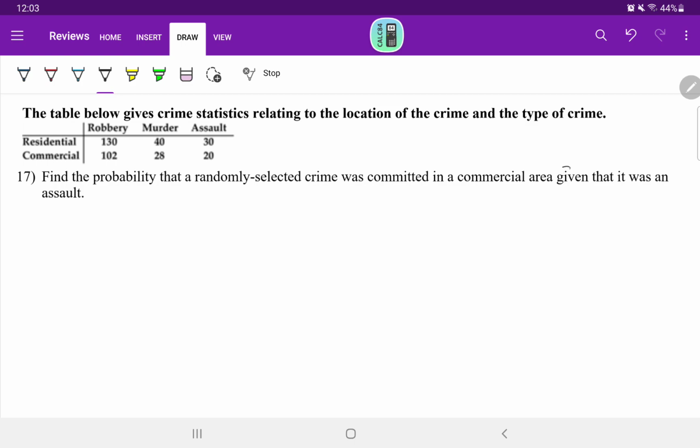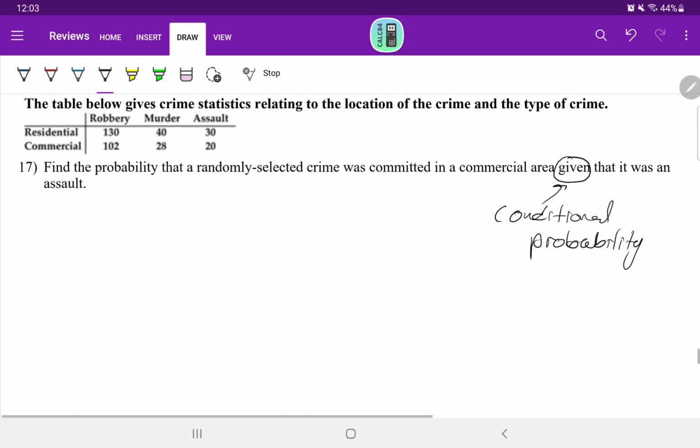When you see the word given in a probability question, that means conditional probability. That is an indicator for conditional probability. And conditional probability is defined as the probability of the second event happening given the fact the first one already took place.